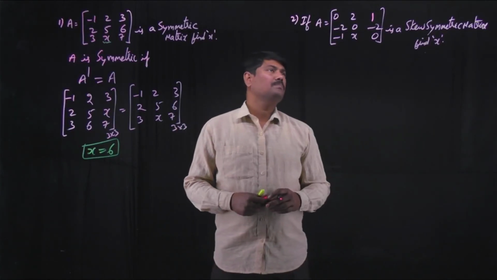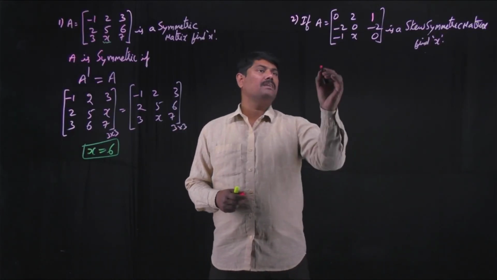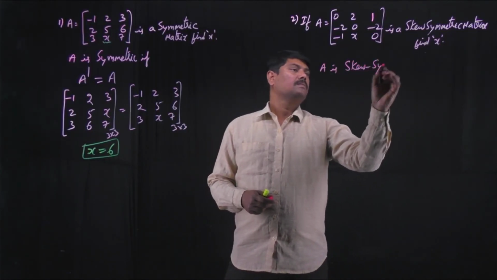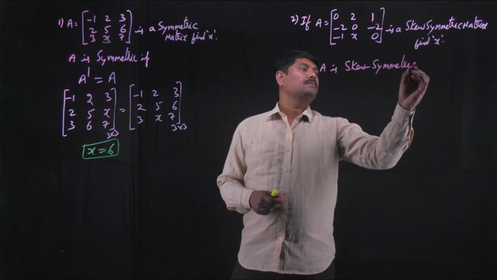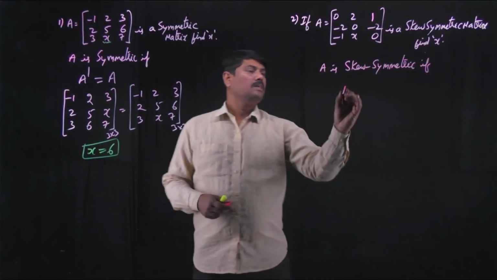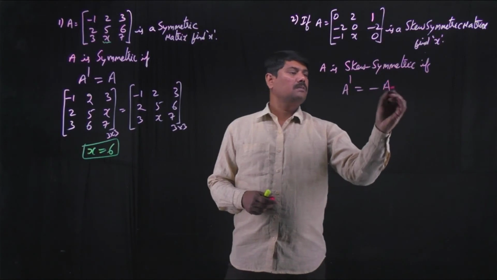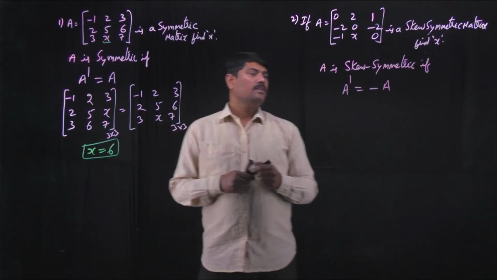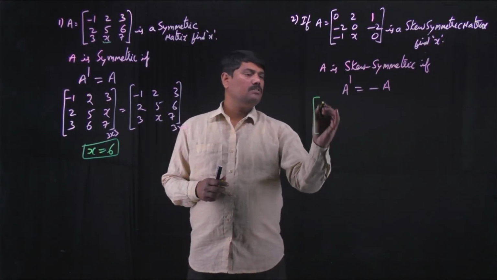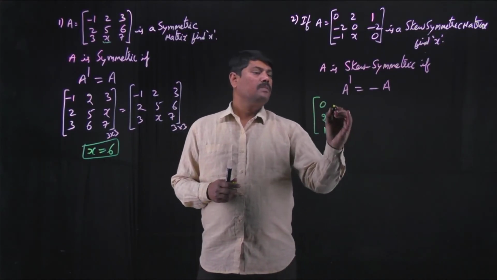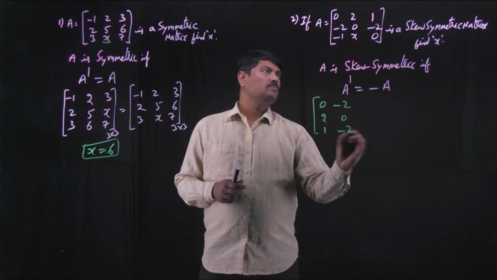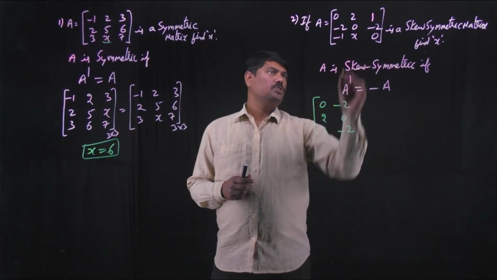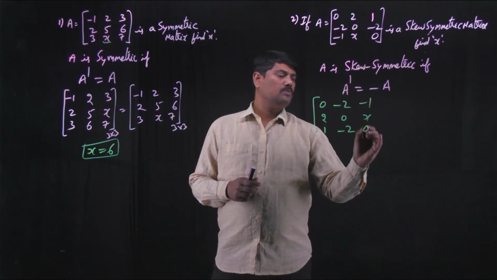Now do this problem. Given A is skew symmetric. The matrix A is skew symmetric if A transpose is minus A. Transpose of A has to be equal to minus A. Now write the transpose of A: 0, 2, 1, minus 2, 0, minus 2, minus 1, x, 0.